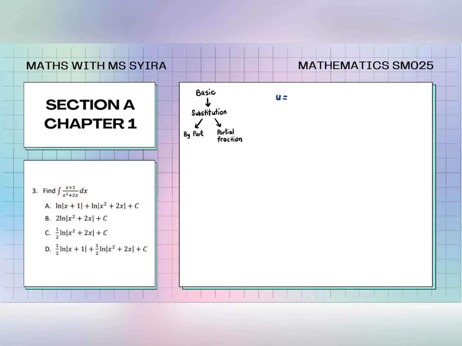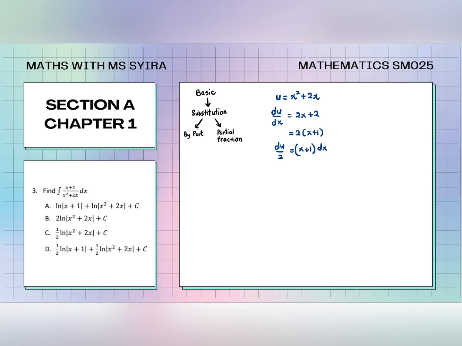For substitution, let's substitute the denominator as u. So u equals x squared plus 2x. Then we differentiate it, so du over dx will be 2x plus 2. We can see the same pattern at the numerator. Let's factorize 2, so we have x plus 1. And hence we have du over 2 equals x plus 1 dx.